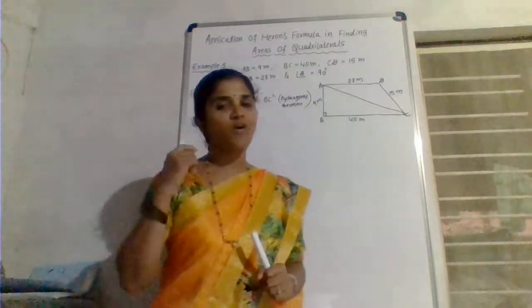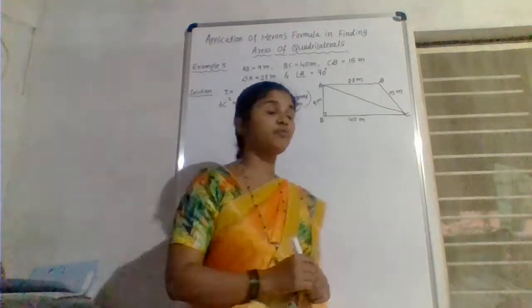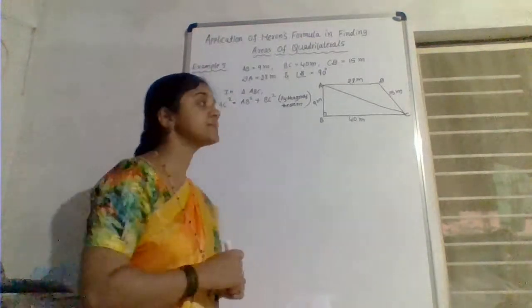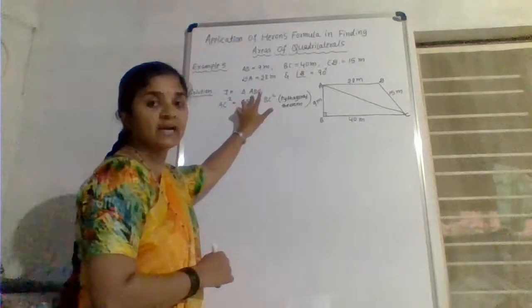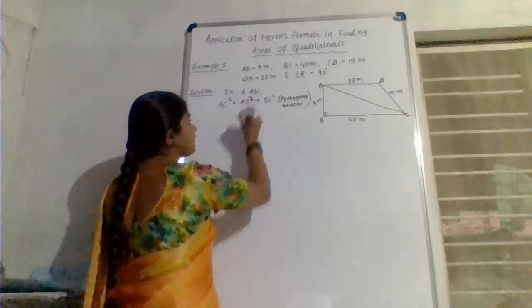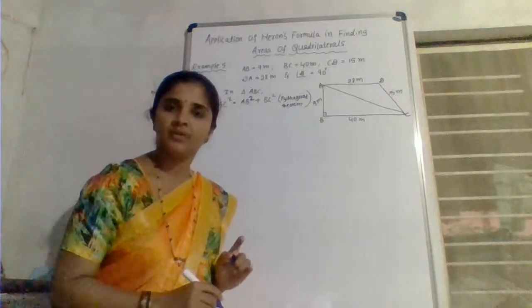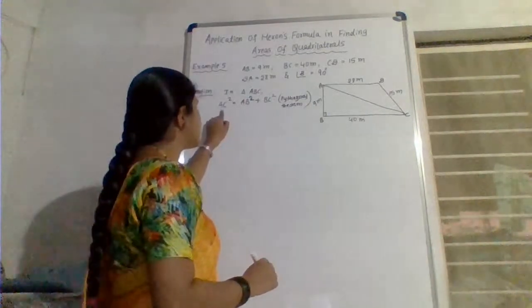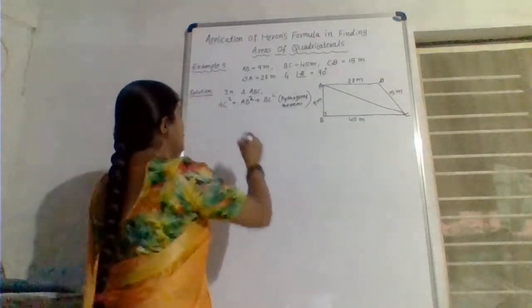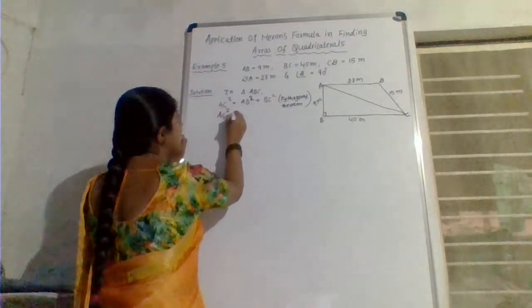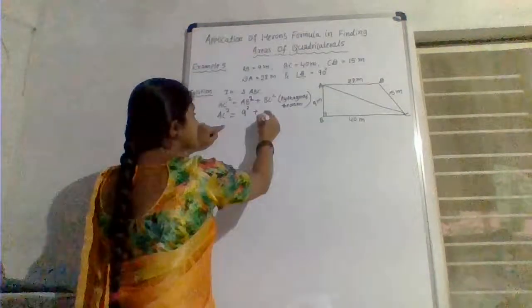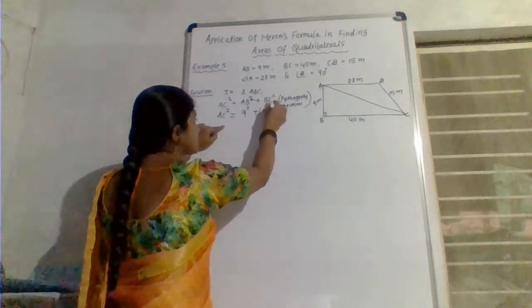So we all know Pythagoras theorem. For triangle ABC, we have to apply Pythagoras theorem. AC square is equal to AB square plus BC square. Got the idea of this one? AC square is equal to AB square, that is 9 square, plus BC square, that is 40 square.